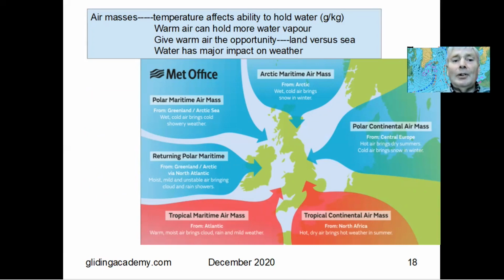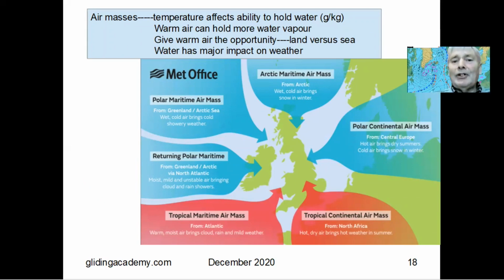And you can see here we've got tropical, maritime and polar continental and so on and so forth, air masses, which you will have picked up in your books. And what you need to understand when you're looking at this chart is it's dead simple. Polar air is cold, Arctic air is cold, tropical air is warm.